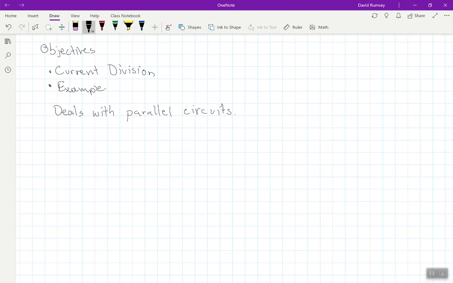So let's again just kind of look at a figure here. I'm sorry, that shouldn't be a voltage, this should be current, because we're looking at current division.